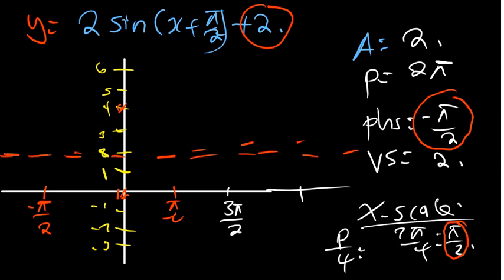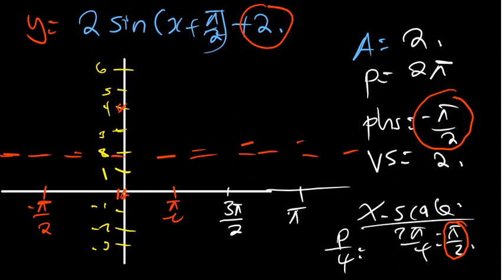Guys, 3 pi over 2 plus pi over 2, we are going to get a pi. Are you getting me?